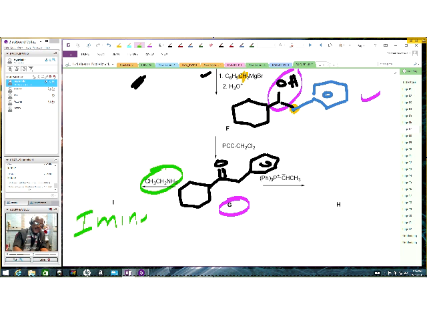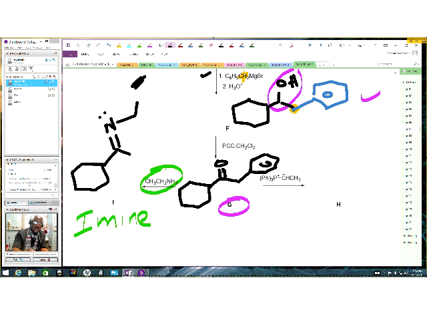In other words, we replace the carbon-oxygen double bond with a carbon-nitrogen double bond. So what is the product here? We get that product, which is called an imine.